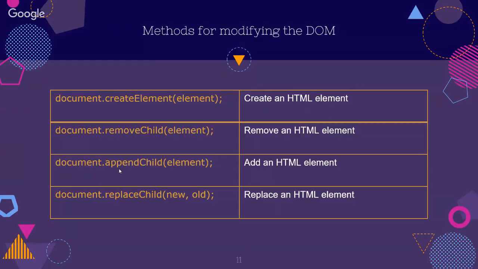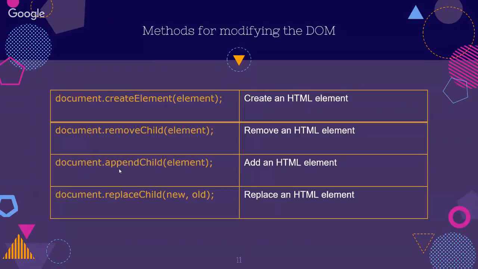The next method is remove child. This removes an HTML element and is what we'll be using to remove all HTML elements on the page. No matter if it's a parent, a sibling, or a child, remove child is the function we're gonna always use.